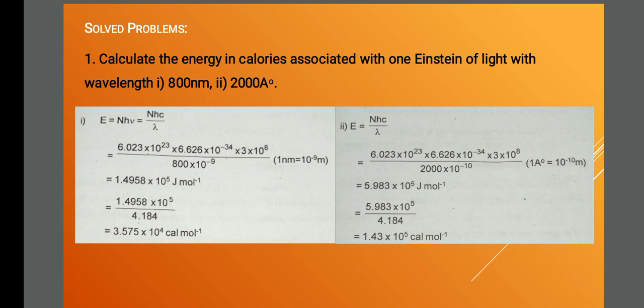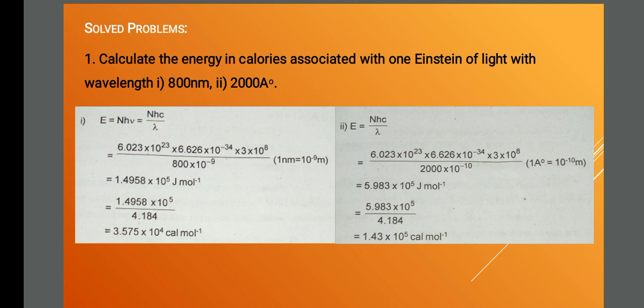So substitute the value of N, substitute the value of h, and substitute the value of c divided by 2000 into 10 to the power of minus 10. You get the answer as 1.43 into 10 to the power of 5 calories per mole. So that is the energy for the second part, 2000 Armstrong.